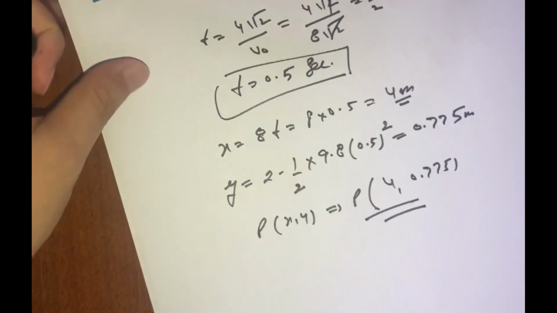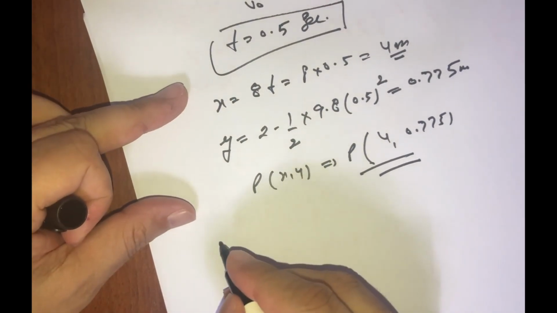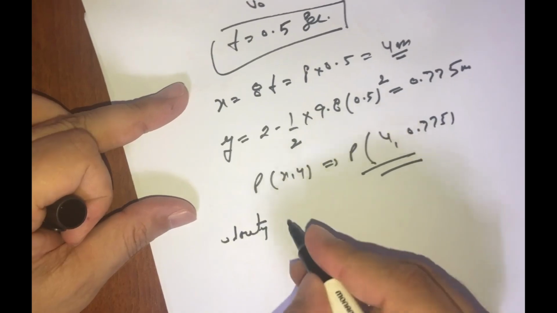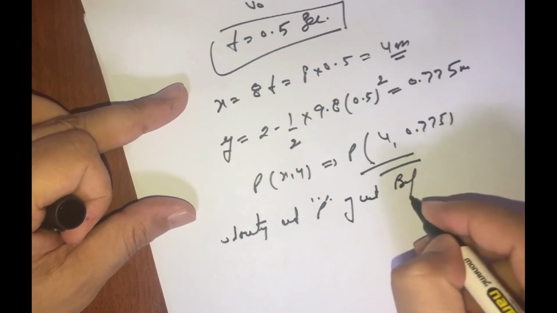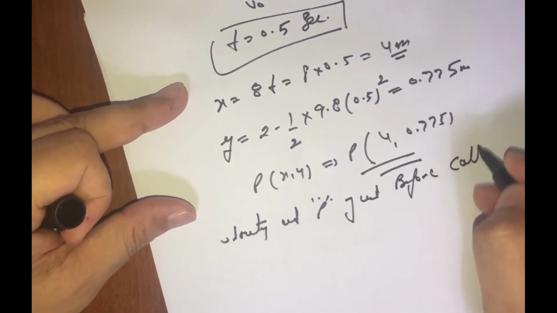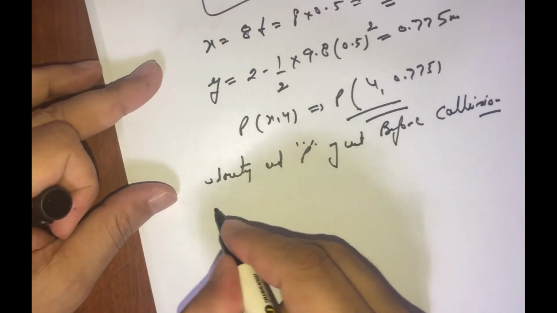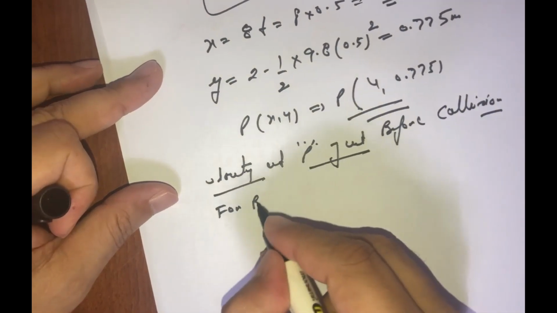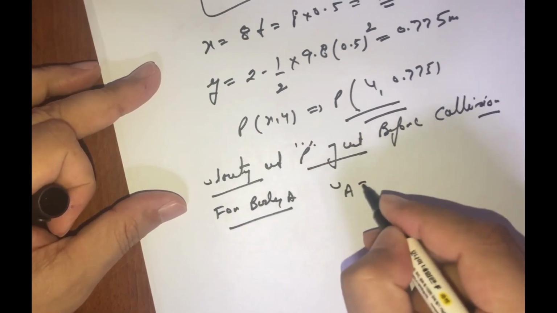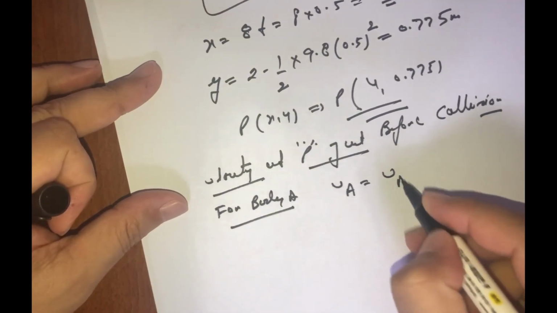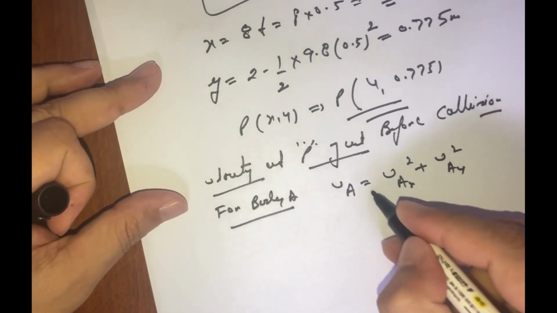Okay, now we are going to find out the velocities at point P just before the collision. So for body A, let's call the velocity VA, which will be equal to the square root of x component squared plus y component squared.